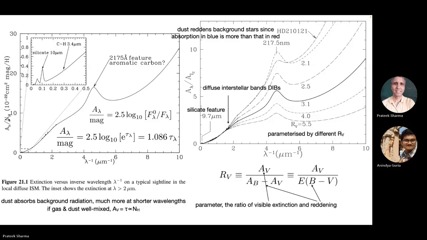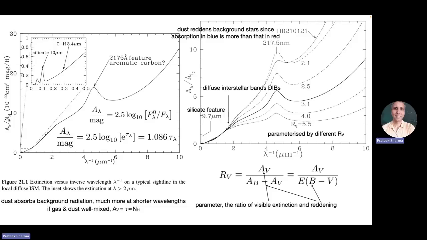So 1 magnitude is 1 by 2.5, which is 0.4. So for a column density of 10 to the 22 in neutral hydrogen, your flux decreases by 0.4. That is roughly the interpretation. Unless some region has very peculiar dust, this is the general value, because it's normalizing with the matter amount anyway.